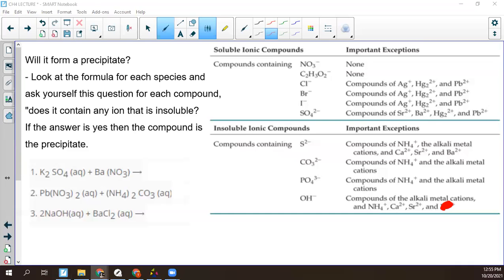Let's see here. Okay, what do I do now? There's no next button.